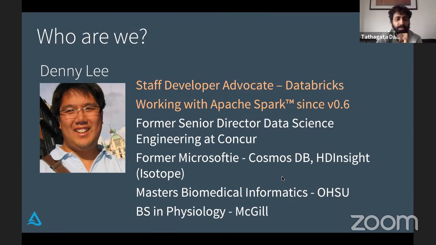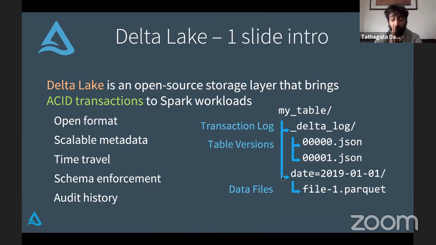All right. For those who are completely new to this series, this is the third talk of the series. Just to bring you up to speed, there's a one-slide intro on what Delta Lake is. It's essentially an open source storage layer that brings ACID transactions to Spark workloads.